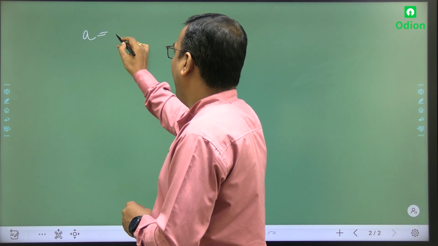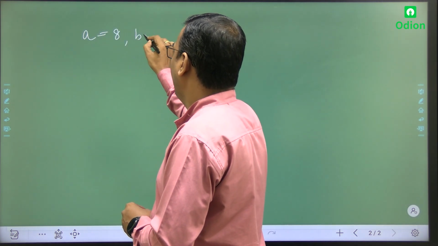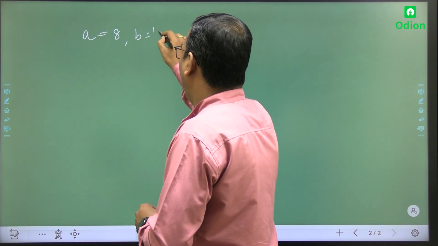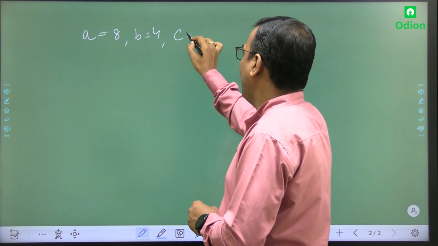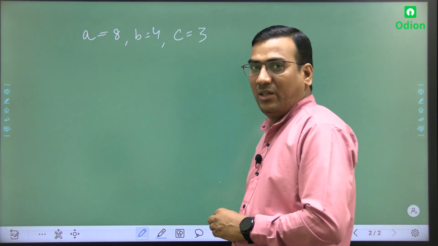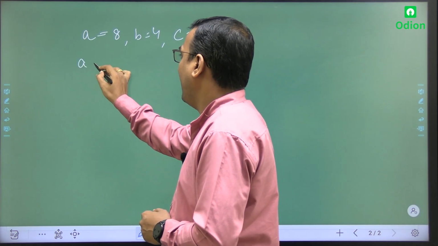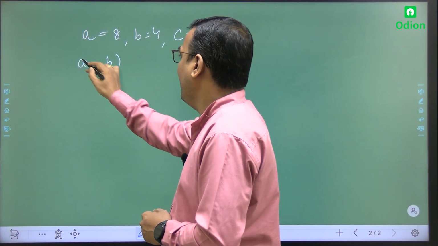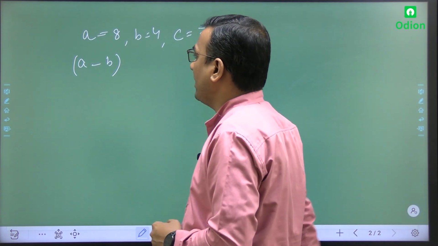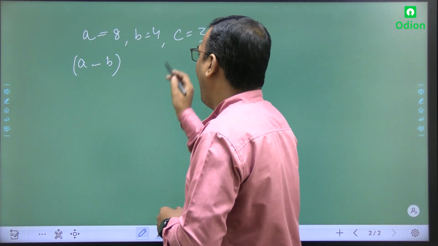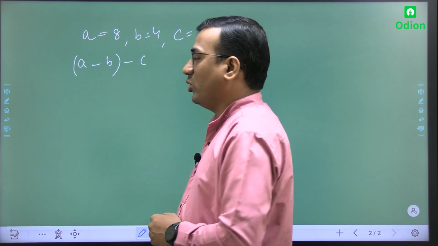The value of A is 8, the value of B is 4, and the value of C, suppose I am taking 3. Then first we have to check A minus B.